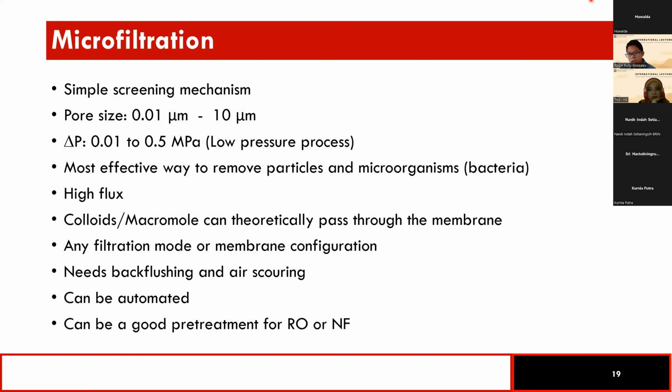Now let me begin with the biggest type of membranes available, which is microfiltration, which is a simple screening mechanism process. So this removes the larger size particles. So the microfiltration membranes have, as I mentioned earlier, 0.01 micrometers to 10 micrometers, or maybe around 100.